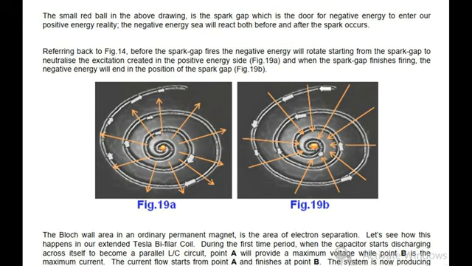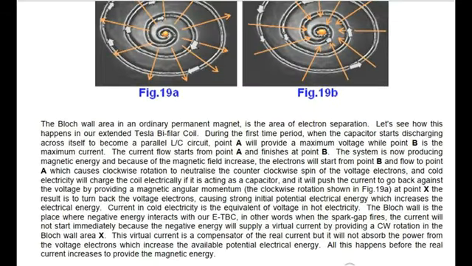During the first time period, when the capacitor starts discharging across itself to become a parallel L/C circuit, point A will provide a maximum voltage while point B is the maximum current. The current flow starts from point A and finishes at point B. The system is now producing magnetic energy, and because of the magnetic field increase, the electrons will start from point B and flow to point A, which causes clockwise rotation to neutralize the counterclockwise spin of the voltage electrons, and cold electricity will charge the coil electrically if it is acting as a capacitor, and it will push the current to go back against the voltage by providing a magnetic angular momentum, the clockwise rotation shown in Fig 19a.